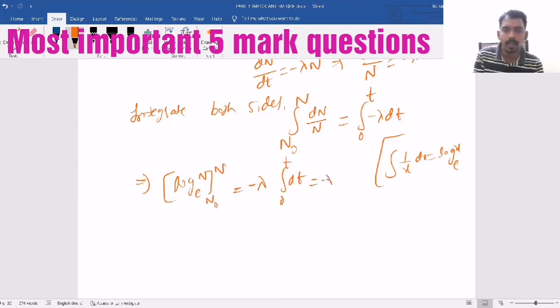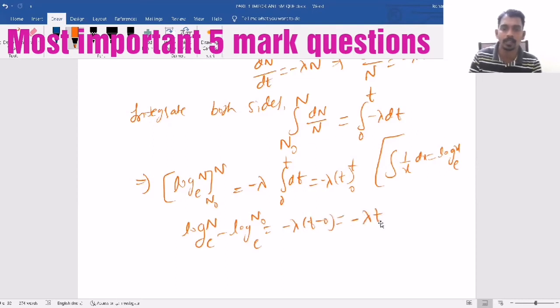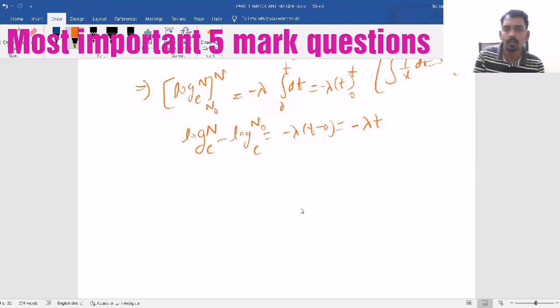Now minus lambda integration dt will become t from 0 to t. Now how do we substitute the limits? Final limit minus initial limit equals minus lambda, t minus 0, equal to minus lambda t.